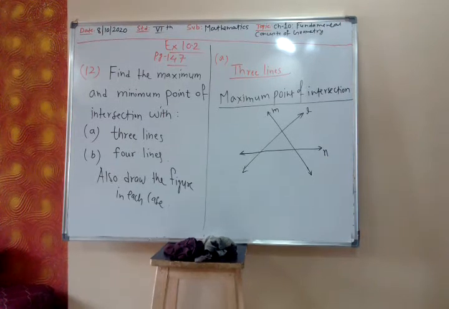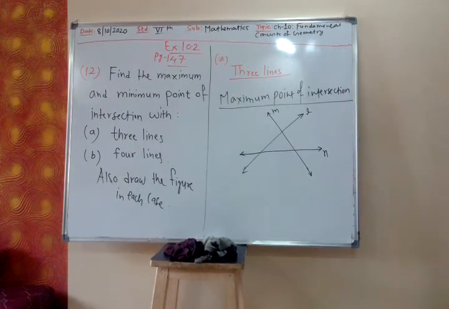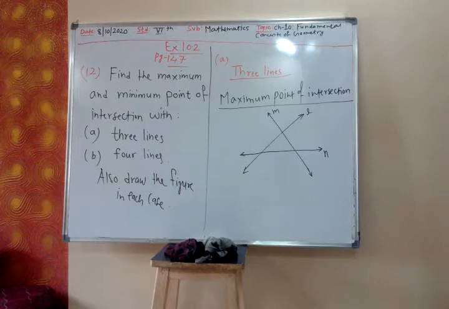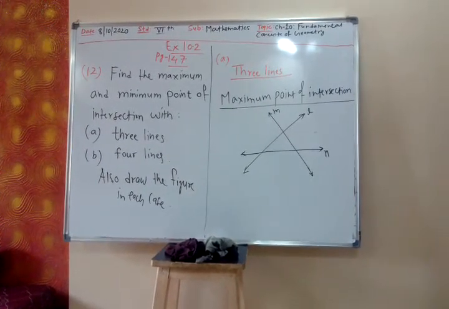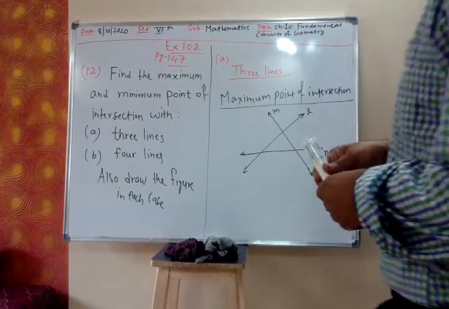We are doing the case of 3 lines. Maximum point of intersection now we have to find.